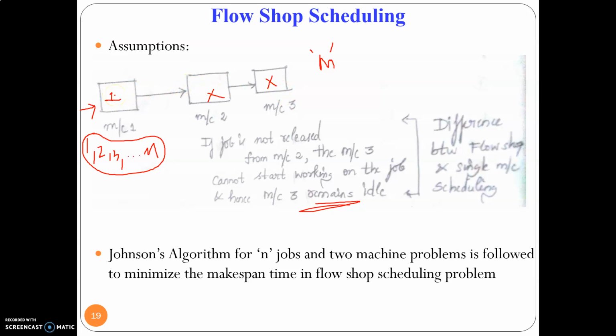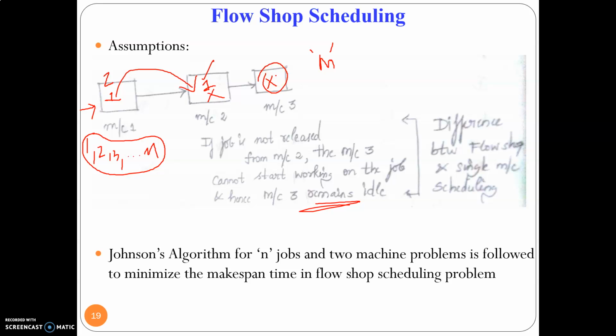Once job 1 gets completed in machine 1, it will move to machine 2. Then the next job, job 2, will enter machine 1 and get processed, and meanwhile simultaneously job 1 will be processed in machine 2. Machine 3 will remain idle, because only when the machining in 1 and 2 is completed can job 1 enter the third machine.